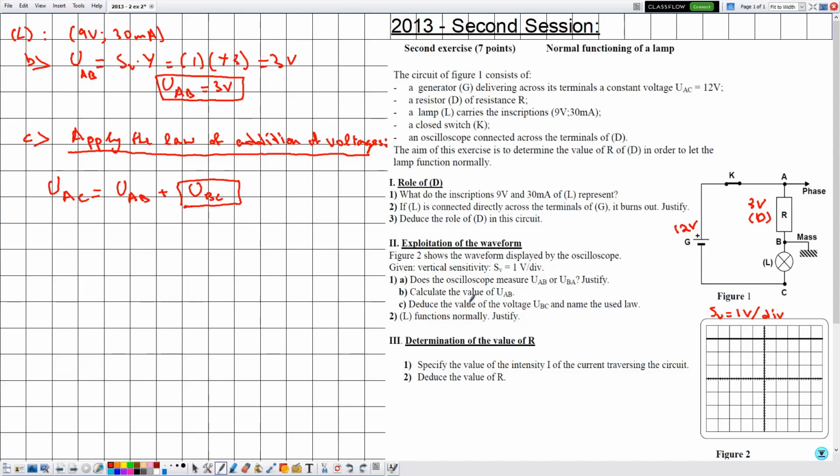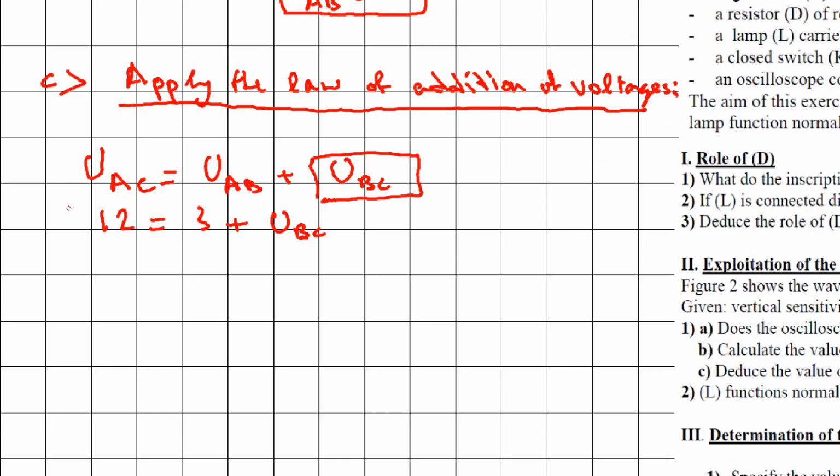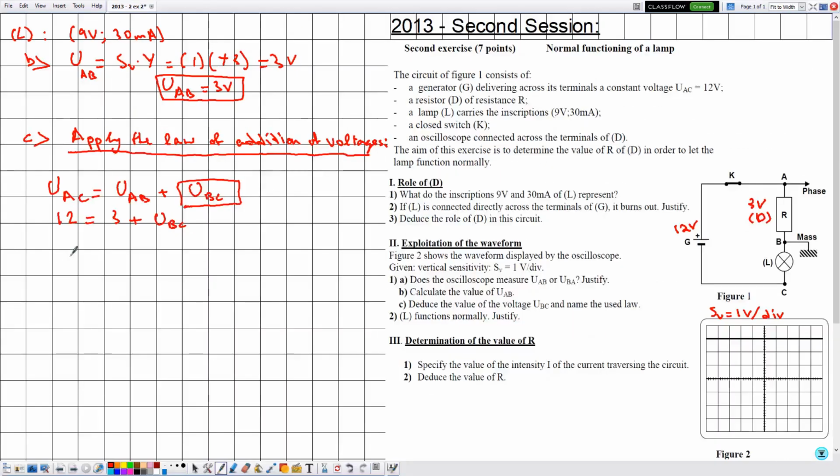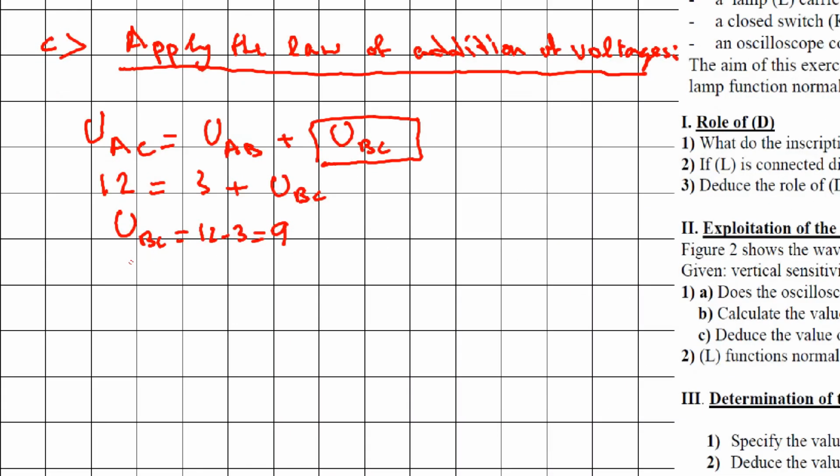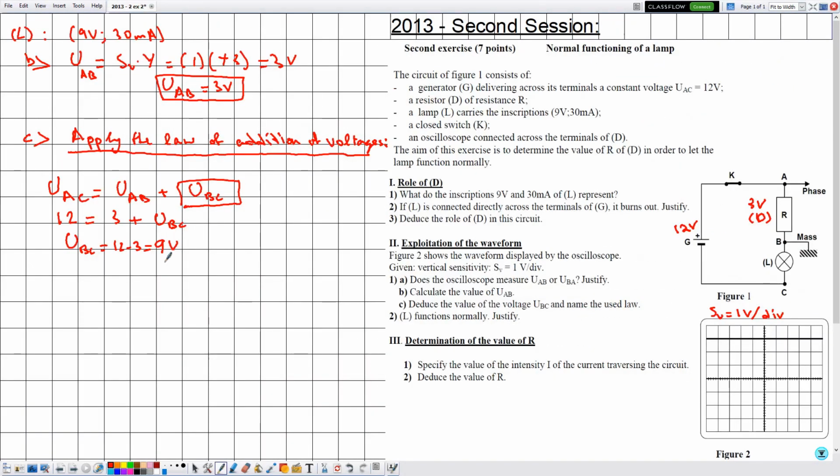Now, the value of UAC is given by 12, the value of UAB is given by 3, plus UBC, we keep it as an unknown. Then the type of this equation is a linear equation in one unknown, which is UBC. Then UBC is equal to 12 minus 3, which is equal to 9. Now, since 3 is in volts and 12 is in volts, the value of UBC will be in volts. UBC is equal to 9 volts.